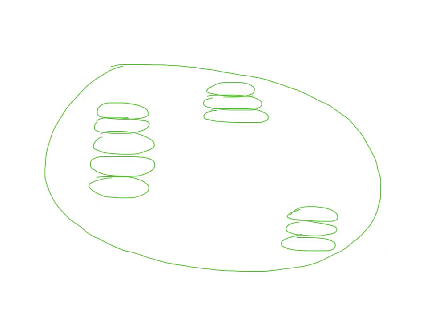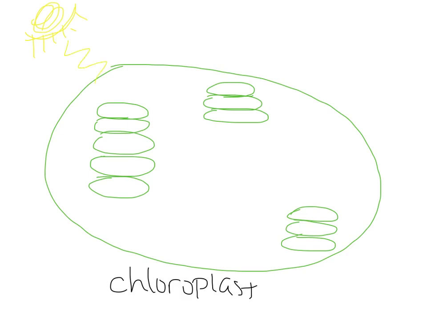Okay, so remember, I'm an excellent artist. So here's our chloroplast. Here's our sun. There's our sun up here. So its light energy comes down in the form of photons, and it strikes the thylakoid membrane. Remember, the whole stack here is my grana.